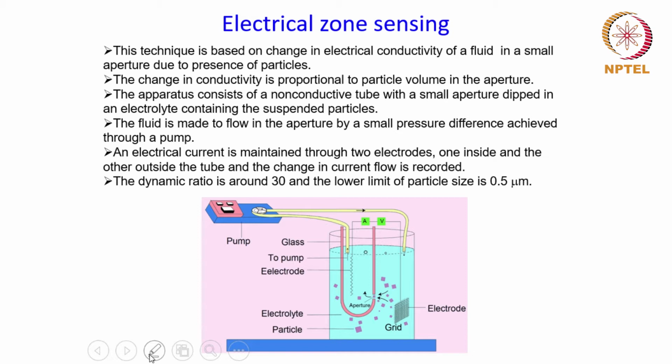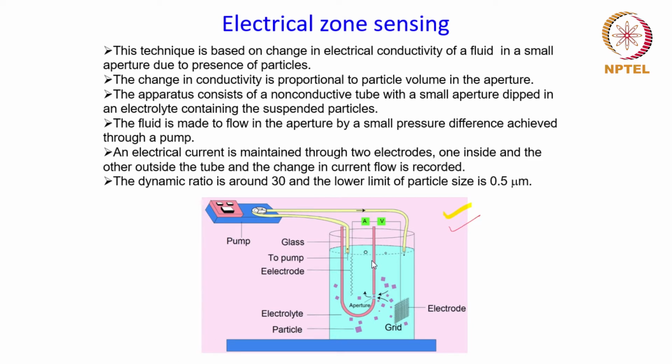The apparatus used for this technique basically consists of a non-conductive tube with a small aperture dipped in an electrolyte containing the suspended particles. Here in this picture you can see the apparatus.